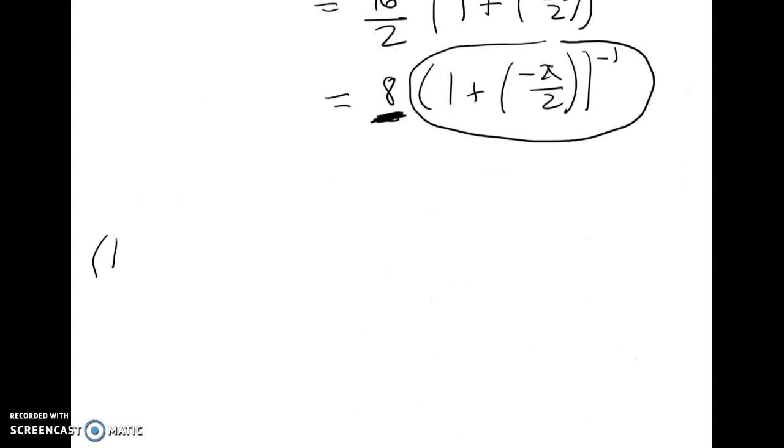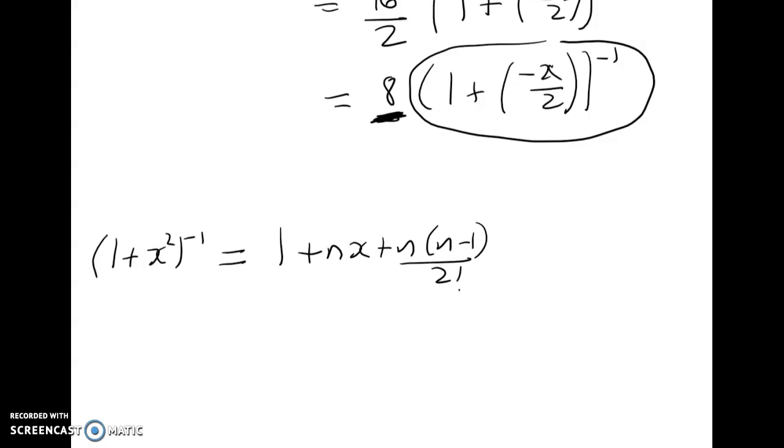Right, so the first one is (1 + x squared) to the -1. So this is equal to 1 plus nx plus n... I always start by writing that out. But the thing in here is that this x in my expansion is the x squared, right?